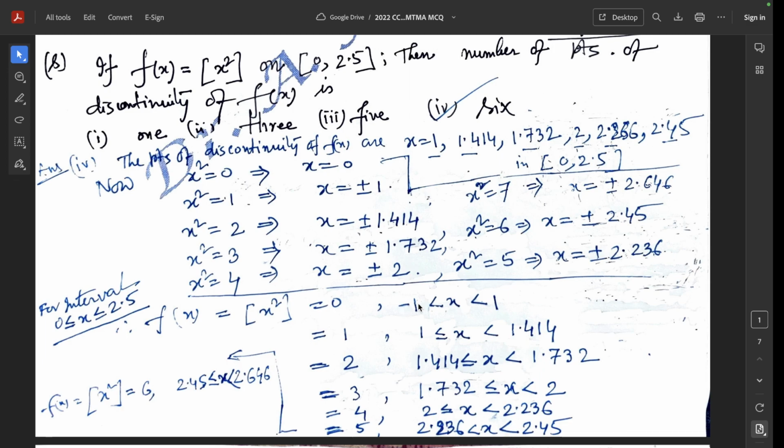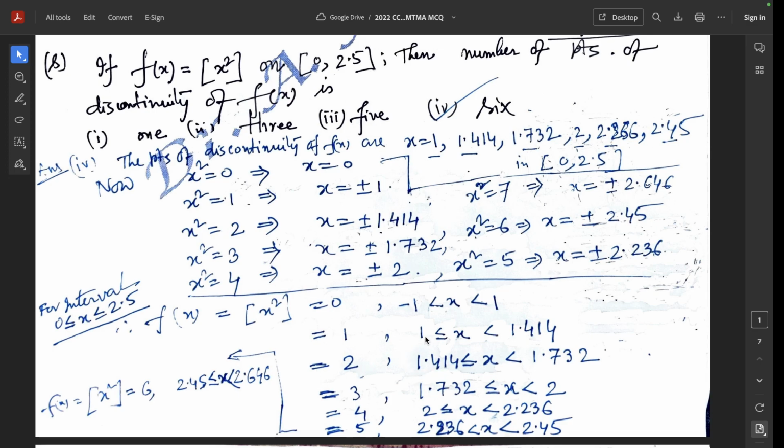But for minus 1 less than x less than 1, box x square is 0. And when 1 less than or equal to x less than 1.414, then box x square is 1. As when x equal to 1.414, then box x square is 2.